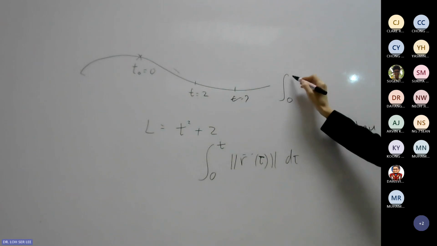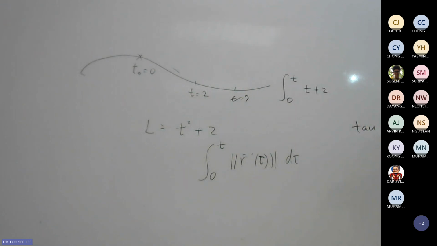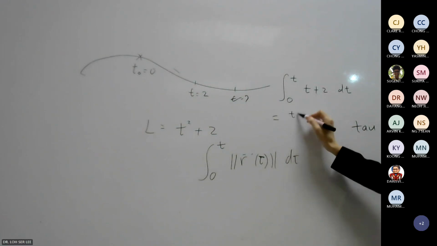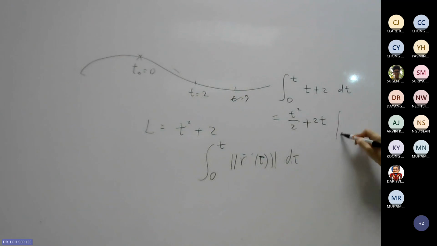We don't use t because, let's say you are integrating from 0 up to t, and your function is, let's say, the t plus 2 just now. So what do you get? You get t squared over 2 plus 2t, right? And then 0 up to t. And instead, we are substituting the t into t. In mathematics, we don't say substitute t into t.